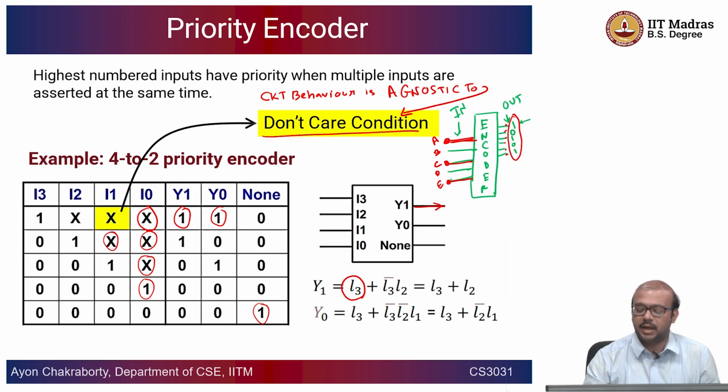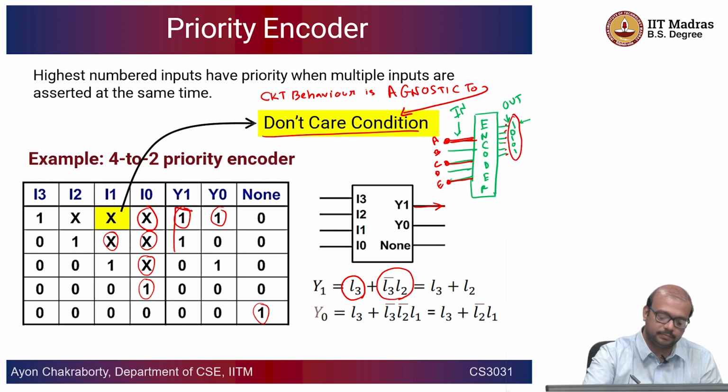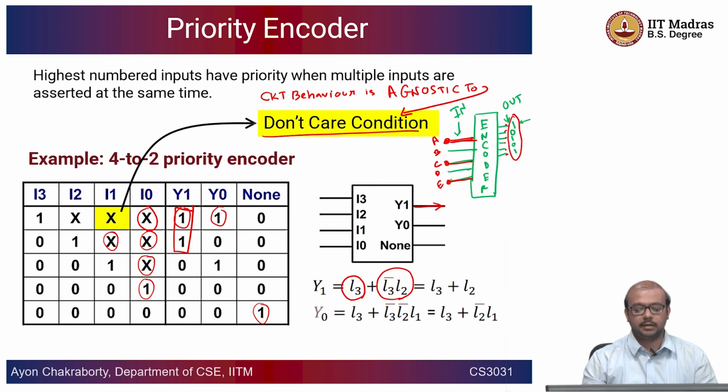So I can also have this term L3 bar L2. That means L2 is true, but at the same time I am making sure L3 is not true. So the contribution of this term comes from L2 only if L3 is off, which you can simplify as L3 plus L2, because if L3 is on or L2 is on, it doesn't matter, you can turn Y1 on. So Y1 is going to be L2 plus L3.